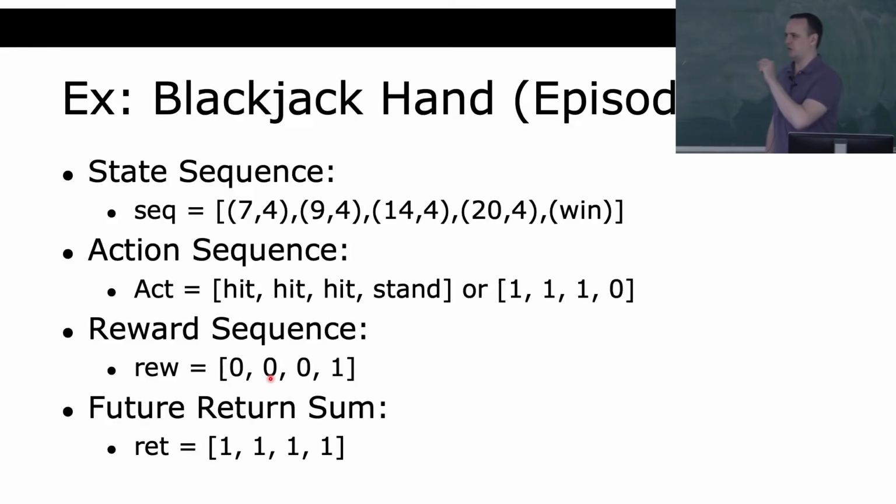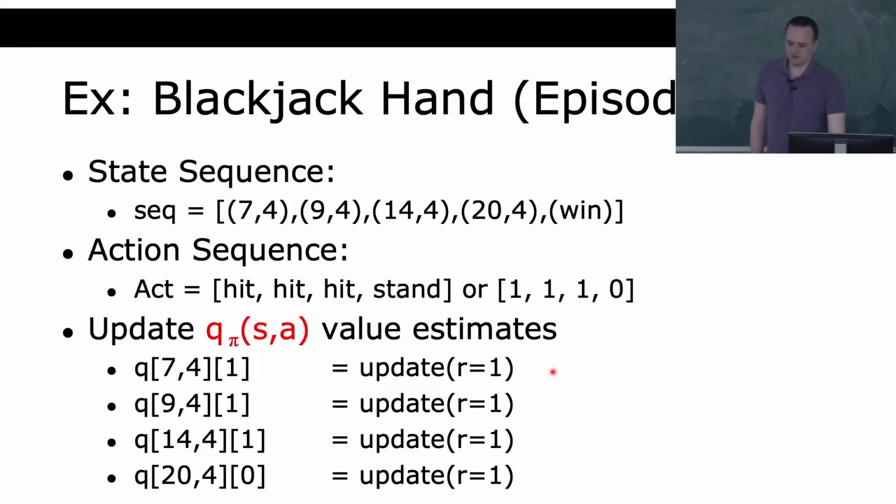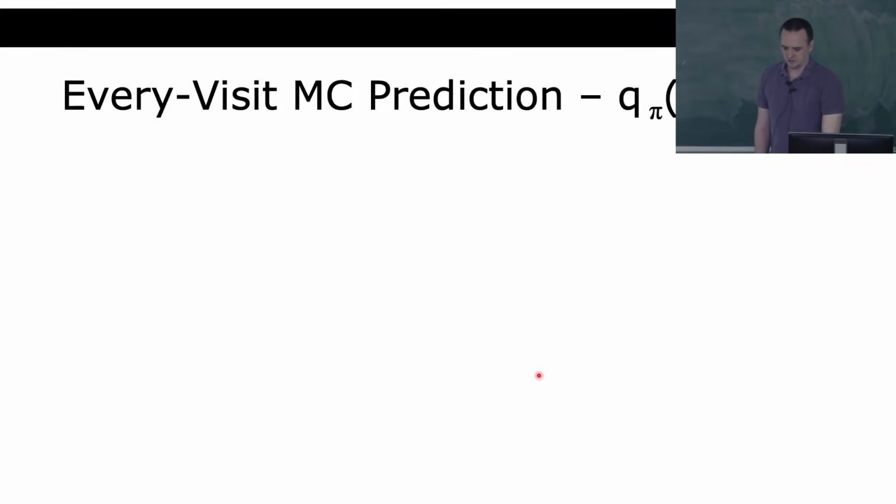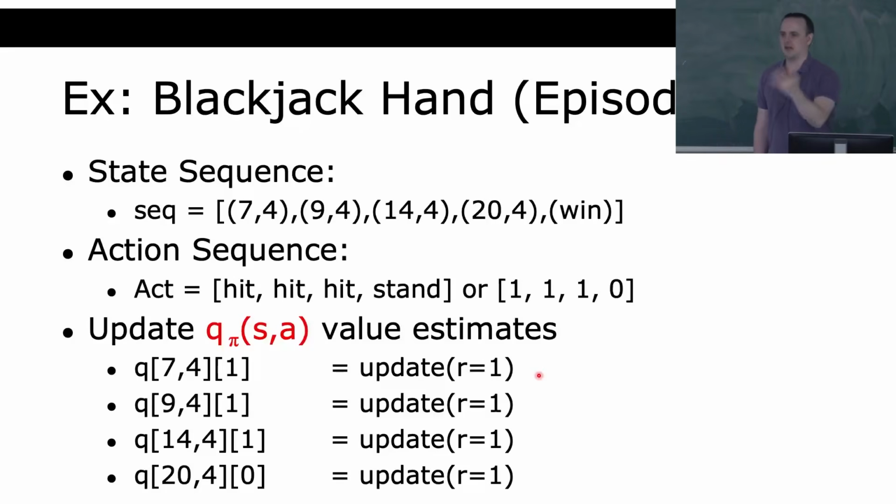What value do we want to use to do the update step? It's the sum of everything that happened from that action to the end of the episode. In this case, all of our updates would be using 1, so we pull our estimate closer to 1, because this is a winning strategy. If this was a losing strategy, that would be a -1. If it was a draw, it would be a 0.